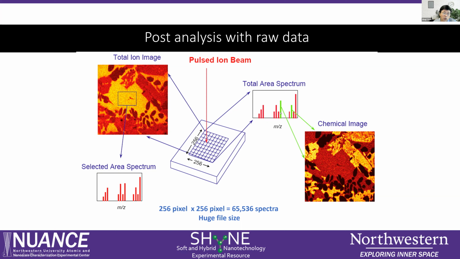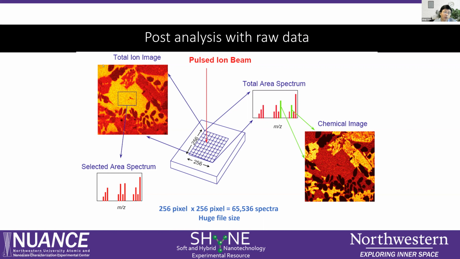Then you can choose a certain peak, a certain mass, and see the distribution as a mapping. You can choose two or three to overlay together to get this image. So from the raw data, you can get the image for a certain peak.